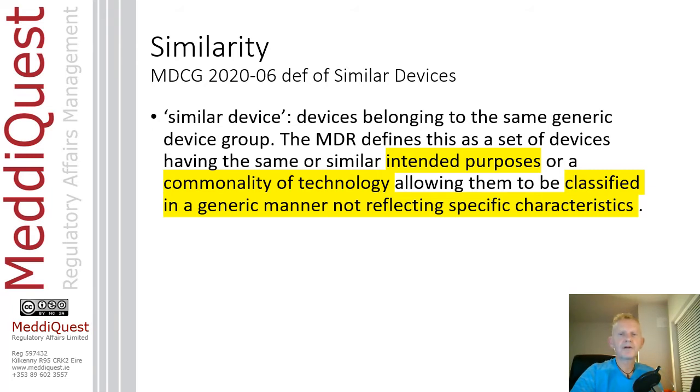And the MDR defines this as a set of devices having the same or similar intended purposes or a commonality of technology, allowing them to be classified in a generic manner, not reflecting specific characteristics. So in my analogy, that's fried chicken and chips. It's not rocket science, it's chicken and chips.